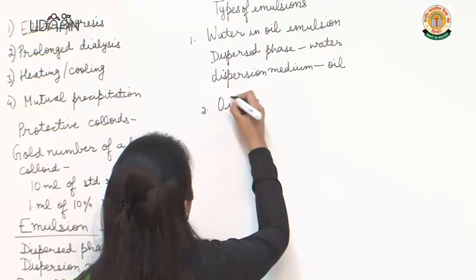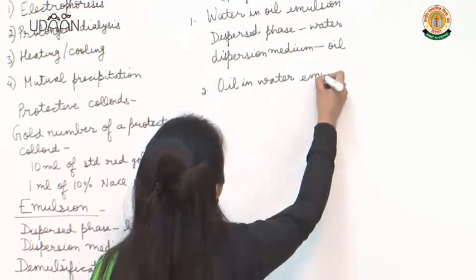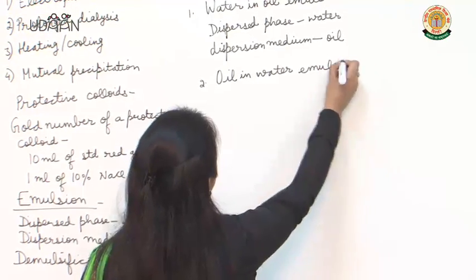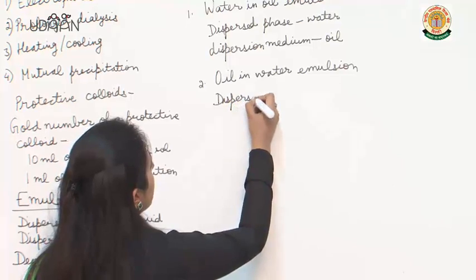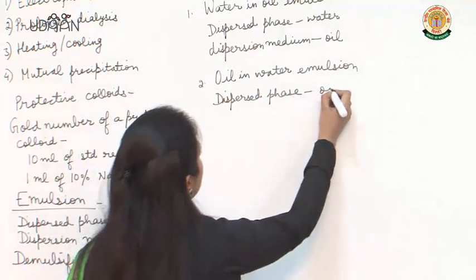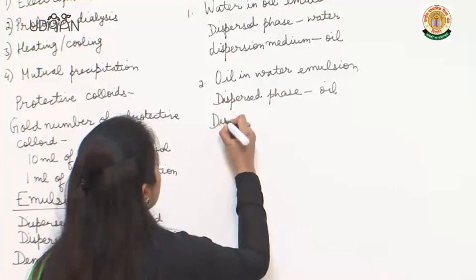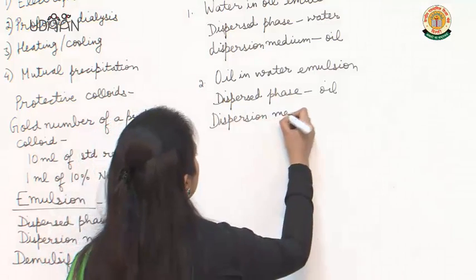What is oil in water emulsion? The dispersed phase is oil and the dispersion medium is water.